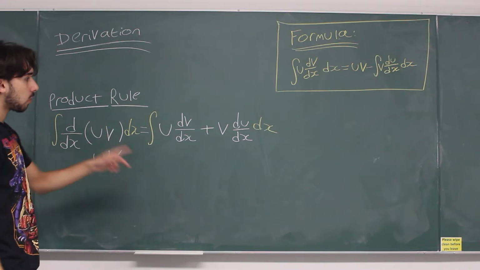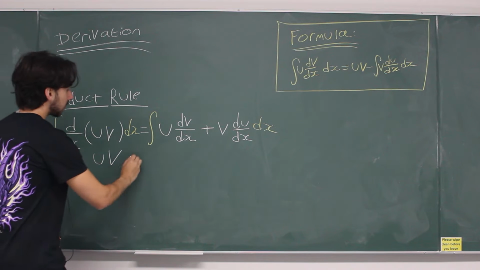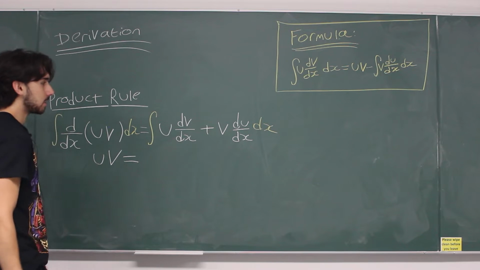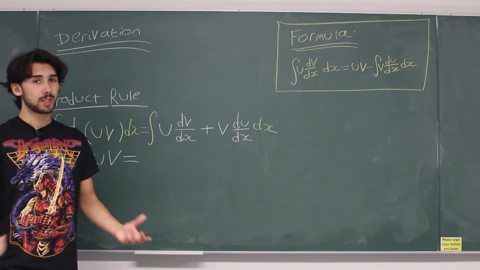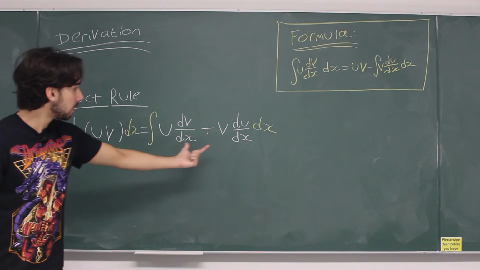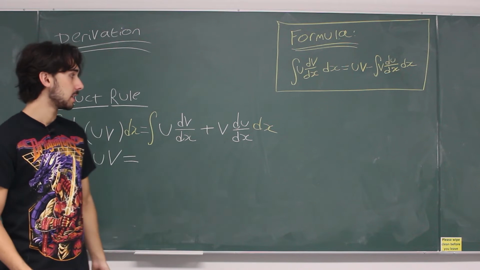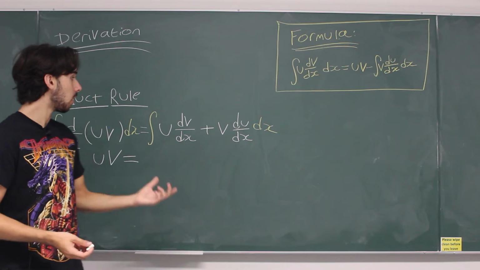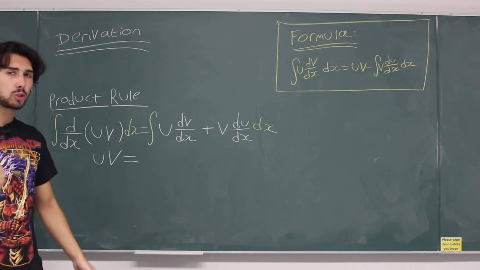Okay, then the right-hand side, what we will do is we will use what's called the linearity of integration, which sounds complicated, but all it just means is that the integral of the sum of two things is the sum of the integrals. So I'm going to write this right-hand side as two integrals.